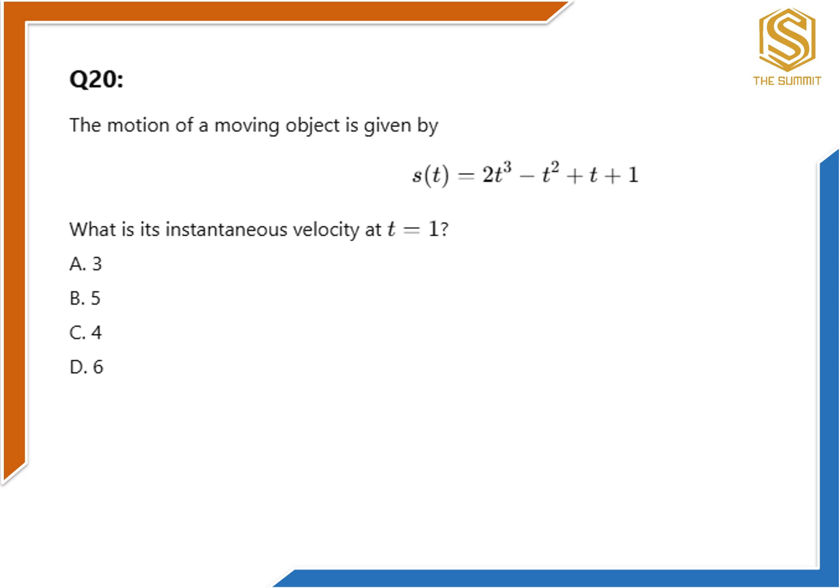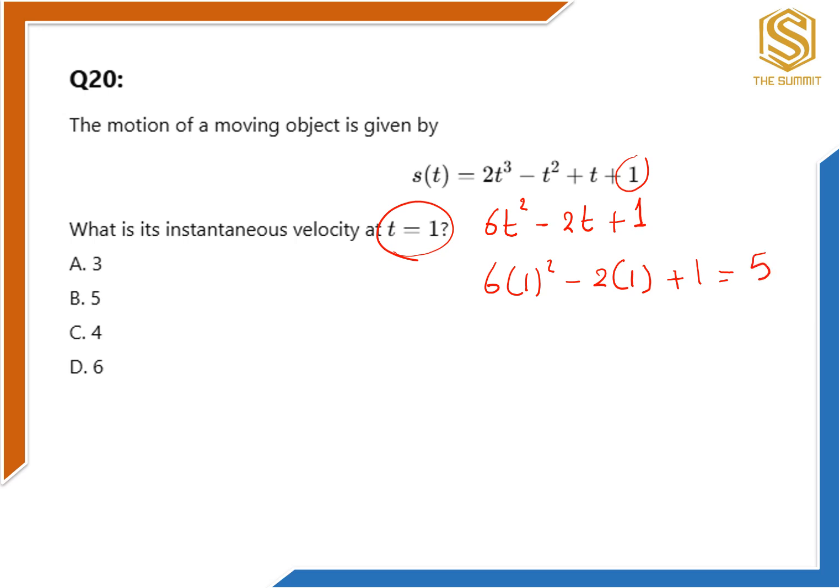Here, it would be 3 times 2 is 6, t power 2 minus 2t plus 1. And of course, the derivative of 1 here would be 0, so just neglect it. Then I'm gonna substitute because they give me t equal 1. So 6 times 1 power 2 minus 2 times 1 plus 1 give me 6 minus 2, 4. 4 plus 1 give me 5.